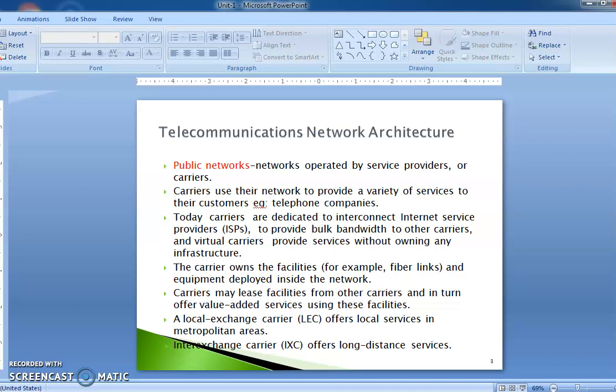The carrier owns the facilities, for example, fiber links and equipment deployed inside the networks. Sometimes carriers can also lease facilities from other carriers, and in return, offer a number of value-added services using these facilities. A local exchange carrier is one which offers services in metropolitan areas. An inter-exchange carrier is one which offers services over long distances.